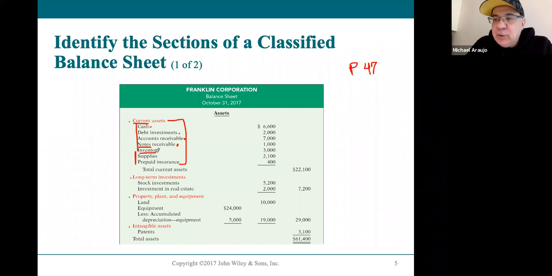The problem is inventory is so wide-ranging. There's going to be some inventory you're going to sell right away. So if you walk into, say, a Walmart store, you're probably going to notice that they're going to be selling their fruits and vegetables and meats and breads right away because they go bad after a while.